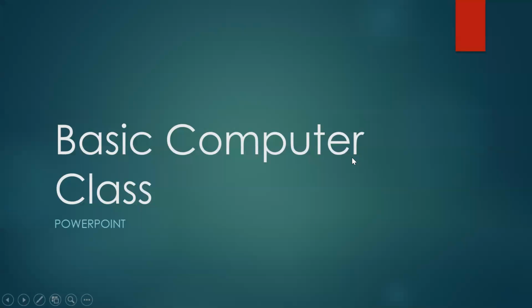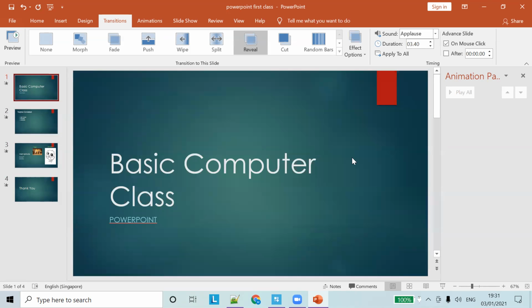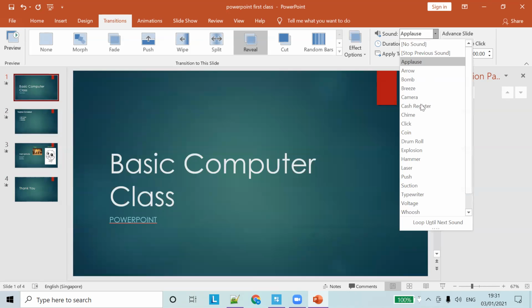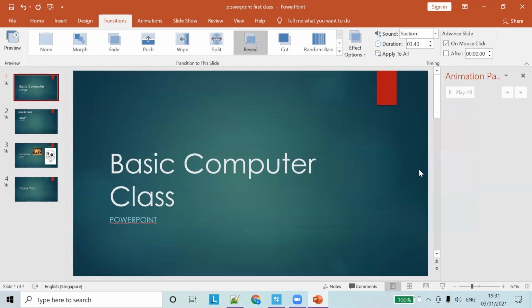Once the transition is happening, you will hear an applause sound. You can choose different sounds for this, and you can also choose the duration of the transition. It could be 2 seconds or any seconds you want.